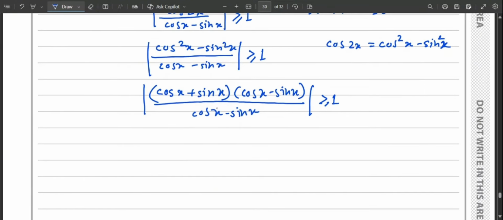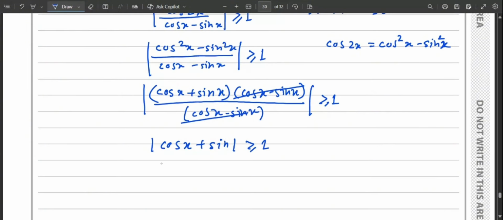From here we can cancel out cos x minus sin x.